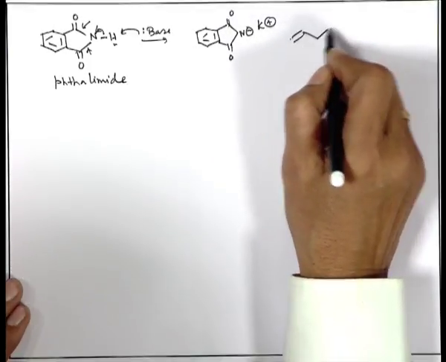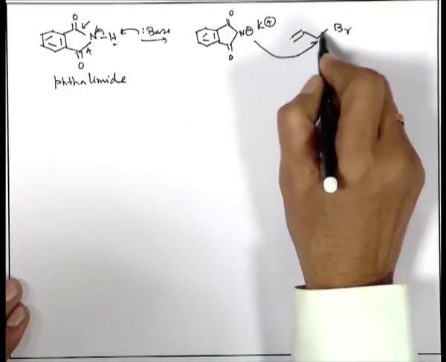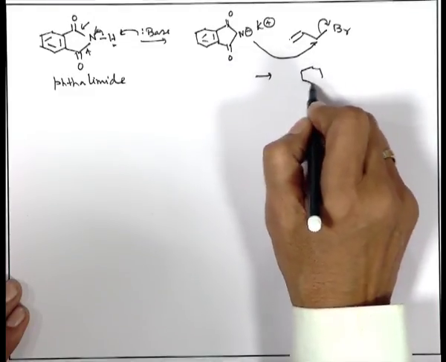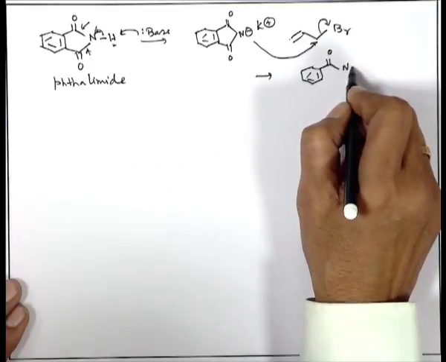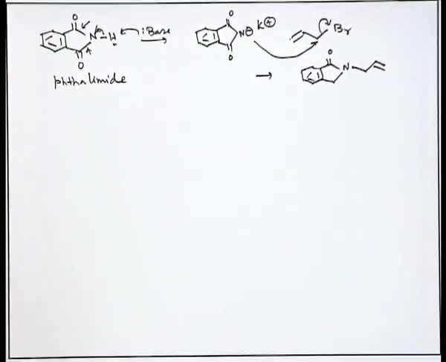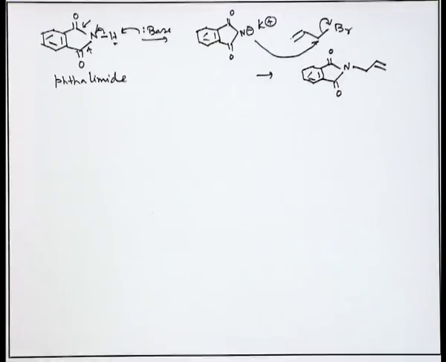Say, one example I right now showed, say allyl bromide, it could attack over here and can be connected to that group, N CH2 CH double bond CH2. So, many compounds in that way could be prepared by using the phthalimide.